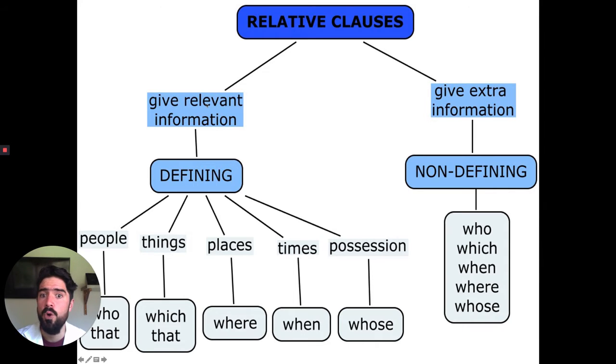So relevant or essential and extra. Defining, relevant, non-defining, extra. So look, to people I can use who or that, things which or that, places where, times when, and possession whose. And the same happens with the non-defining. I can use these ones but not that. Okay?